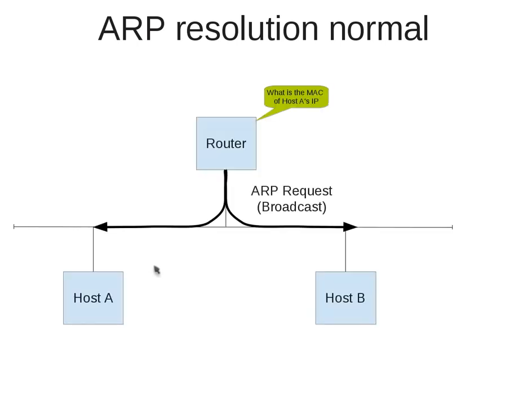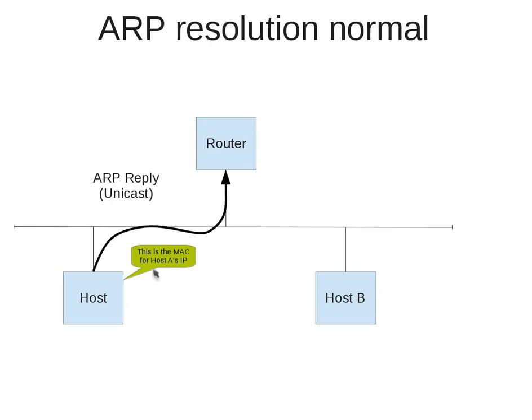ARP resolution is a protocol to resolve Ethernet addresses from IP addresses for IPv4. I've just drawn a tiny network here with 3 hosts: a router and 2 hosts. If the router wants to send a packet to host A, it first needs to know the MAC address of host A, and therefore in IPv4 it sends out an ARP request over Ethernet broadcast.